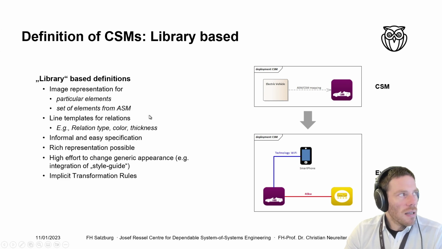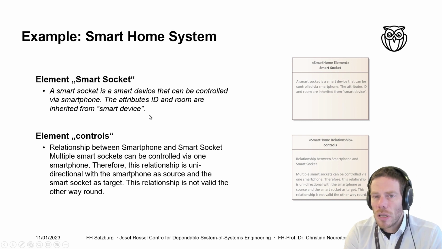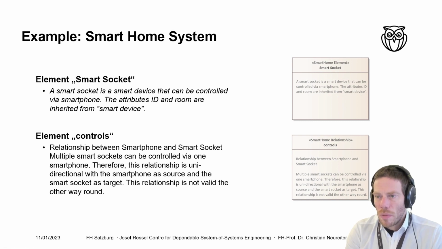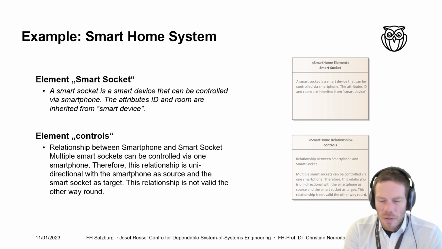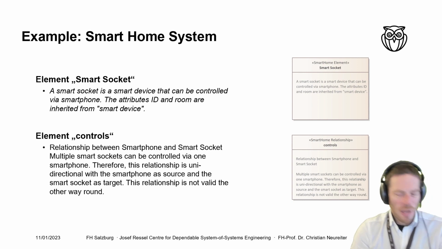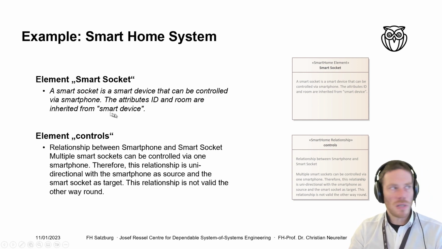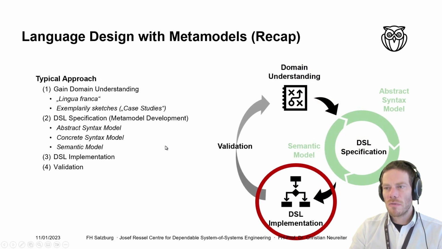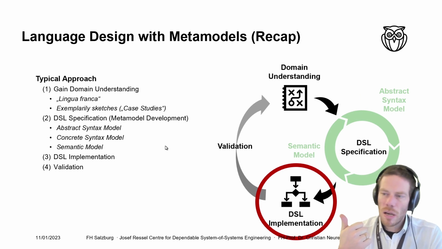Okay, and the last thing is the semantic model, which, similar to UML, is just plain text describing the meaning of individual elements. No big magic here. So in a very brief way, we now have seen how the domain-specific language is specified by means of an abstract syntax model, which relies on the graph theoretical approach.